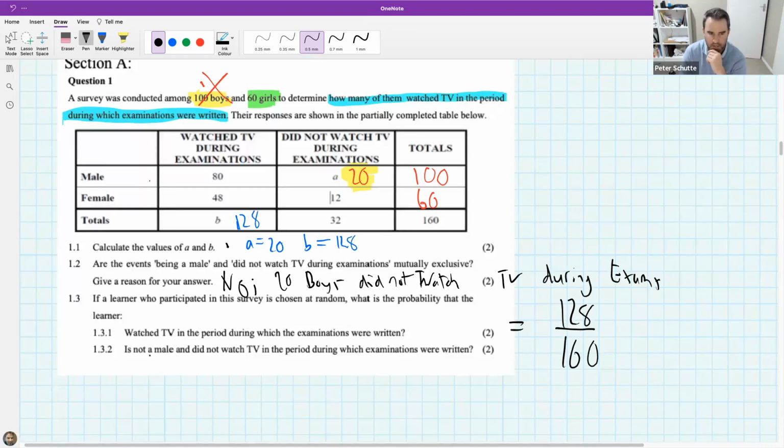What is the probability is not a male and did not watch TV in the period during which exams are written? That sounds a bit tricky, but not male is another way of saying a female. So what is the probability that a female did not watch TV during the exams?